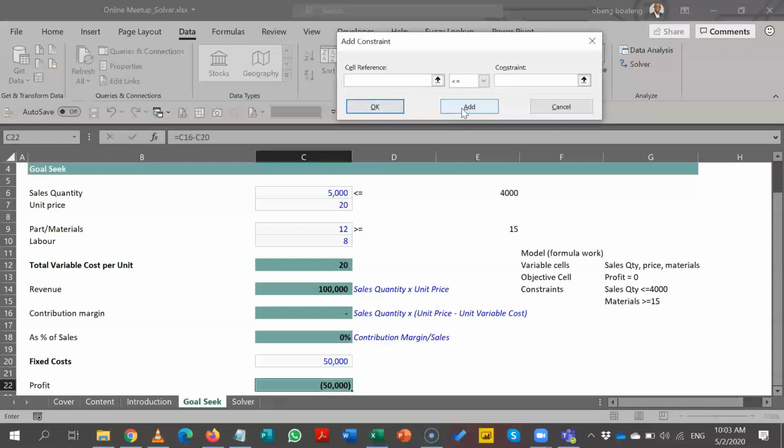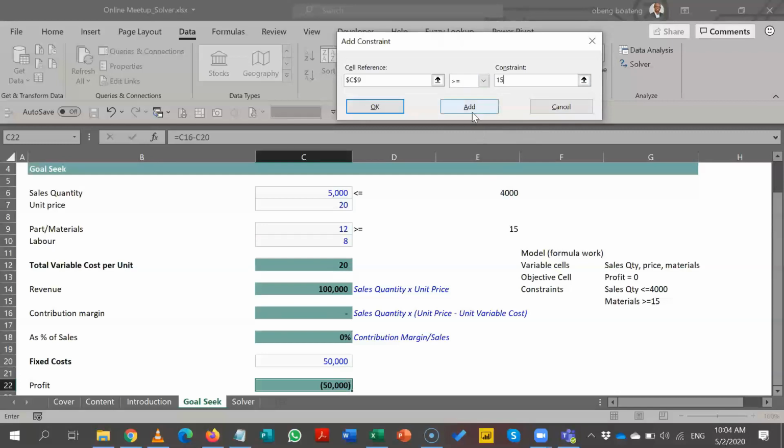When you click Add, it saves what you have put in there, and then things reset for you to add the second one. The second one is my material, which is in C9. The least they can sell it to me is 15. And here you can type it in, or you can select it from a cell. And then you click Add.